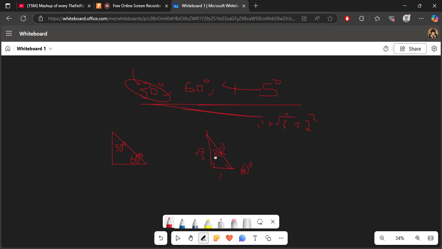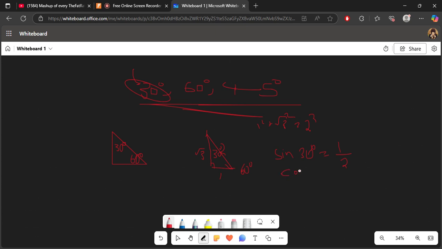So what's the sine of 30? It's the opposite, which is 1, over the hypotenuse, which is 2.